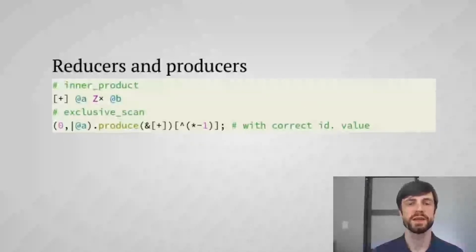Note that we do need to manually provide the correct identity value. If we're adding, as we are here, 0 is an identity value, but 0 is not an identity value for multiplication. The product of 0 and anything is 0, so we would need to supply 1 as the identity value there.